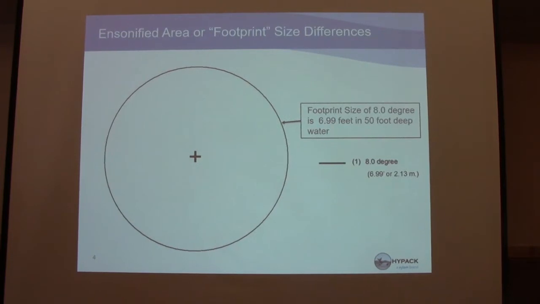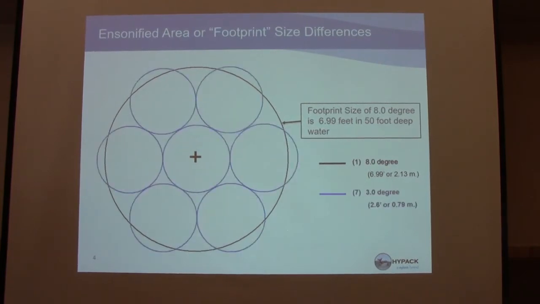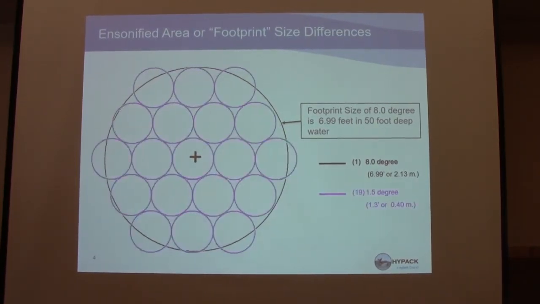This is the footprint size of an 8 degree: it's 7 feet in 50 feet of water. Then you have 3 degrees at 50 feet, and then 1.5 degrees. 1.5 degrees is starting to get into a higher end multi-beam system. The smaller the beam width, the tighter the sonification, the more area you're covering with your pings.